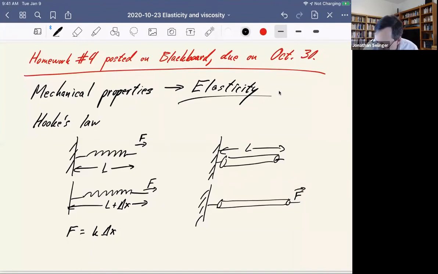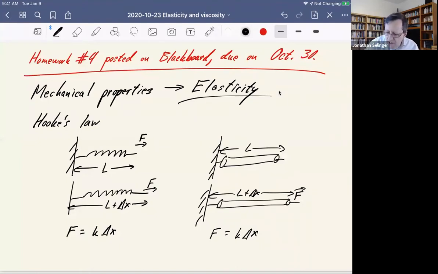And so it goes to some L plus delta X, like that. And again, there's a relation between the force and the extension. Right? The force is K times the extension.